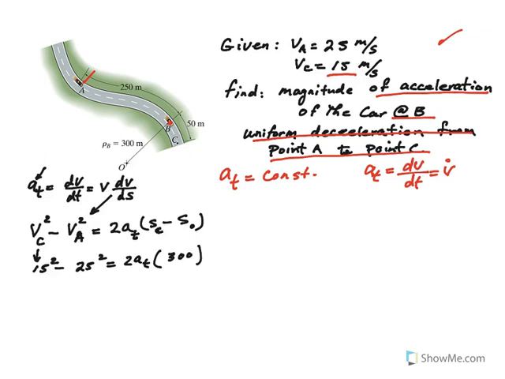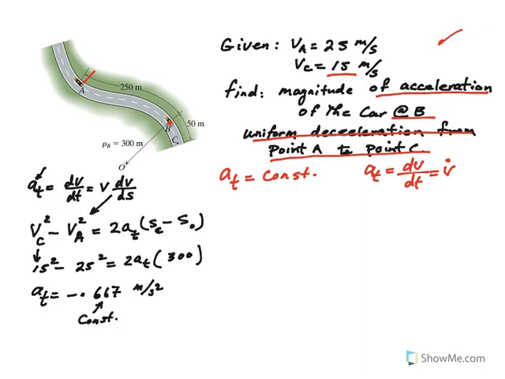So you could put that right there, and you can go ahead and solve for a sub t. Obviously, this is going to be negative, which makes sense because it's decelerating. So it becomes negative 0.0667 meters per second squared. And remember, this is a constant.